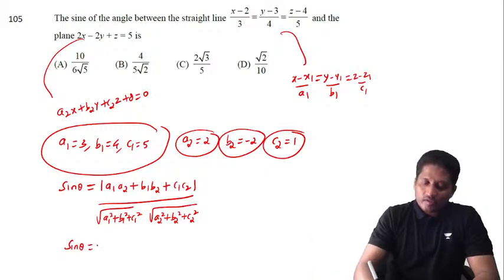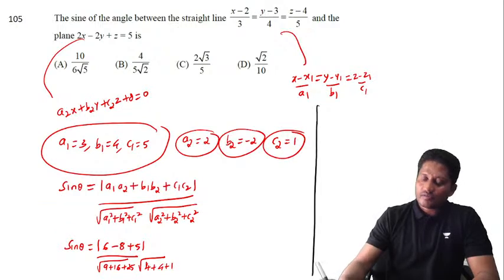Sin theta is equal to modulus of a1 into a2 is 6, b1 into b2 is minus 8, c1 into c2 is plus 5, by root of 9 plus 16 plus 25 and root of 4 plus 4 plus 1.